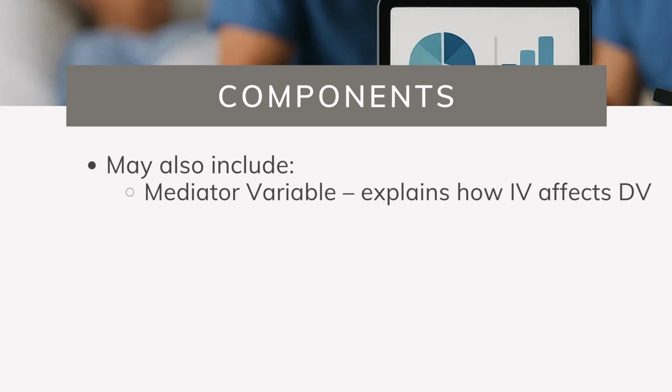This variable explains how the independent variable affects the dependent variable. As the mediator, it provides a bridge. It explains why or how the independent variable influences the dependent variable.